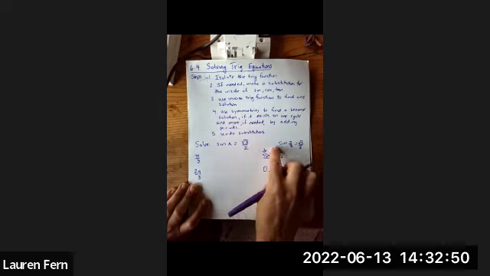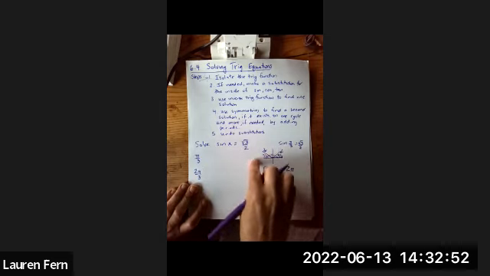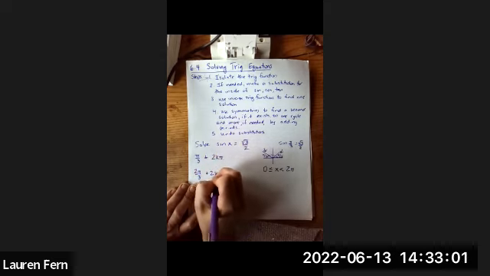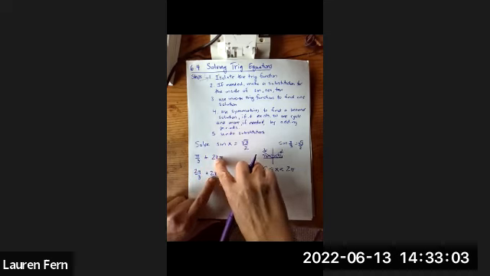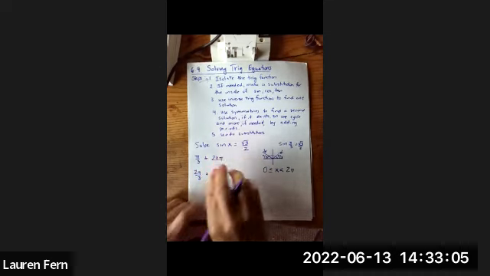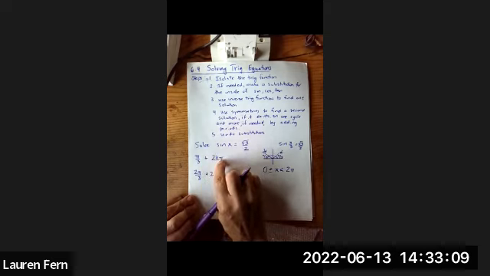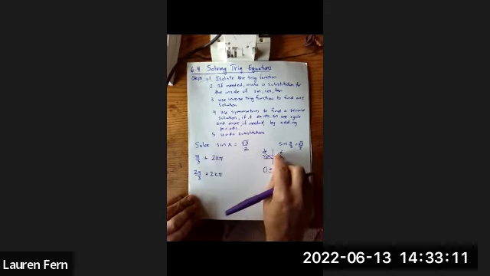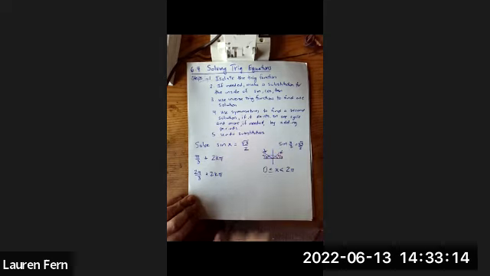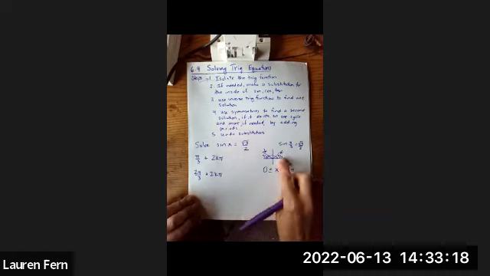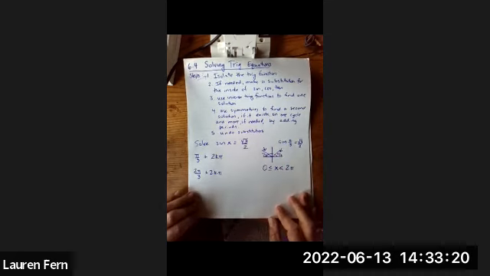However, if we want all solutions, then we want to think about all coterminal angles. And we know that we have a period of 2 pi. So for example, if I let k equal 0, that means we're just going once around the circle. If k equals 1, it means we're going to pi/3 and then we're going around one more time. If k is equal to 2, it means we're making 2 full circles and then going to pi/3.